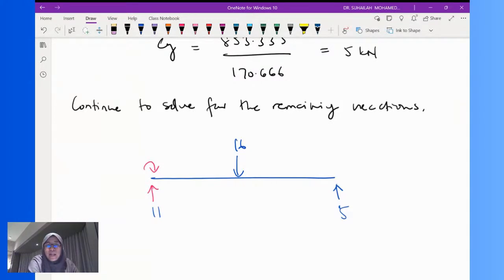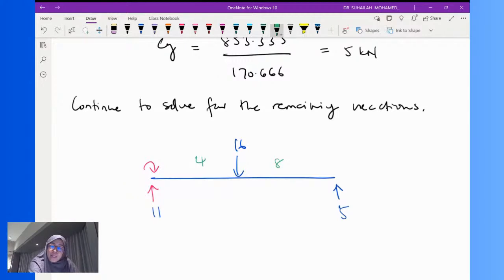What is the value of moment at A? 16 times 4, and 5 times 8. 16 times 4 is 64, right? So 64 we minus by 5 times 8, which is 40.